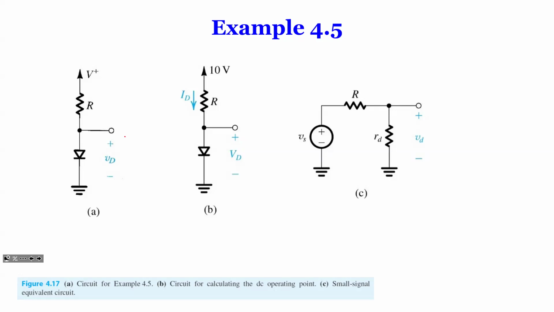Yeah. So the ask is R is 10K, and the V plus is 10 volts, which is superimposed on a 60 hertz sinusoid, 1 volt peak.